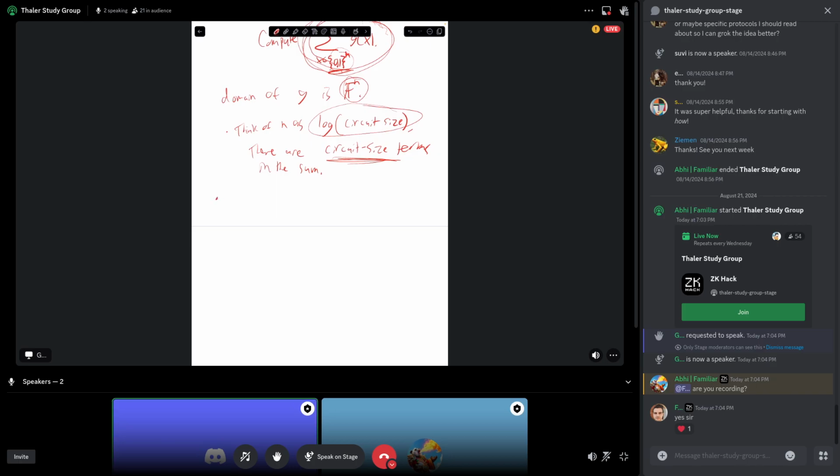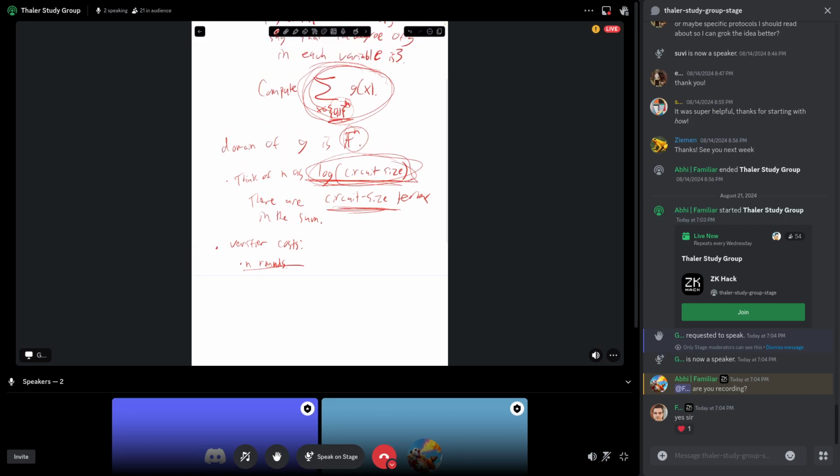So as far as verifier costs go in the SumCheck protocol, there are n rounds of the protocol, one per variable of g. So think of that as logarithmic in the size of the circuit if you're trying to design a SNARK for circuit satisfiability. And ultimately, it's a public coin protocol, so we can apply Fiat-Shamir to get rid of all the rounds.